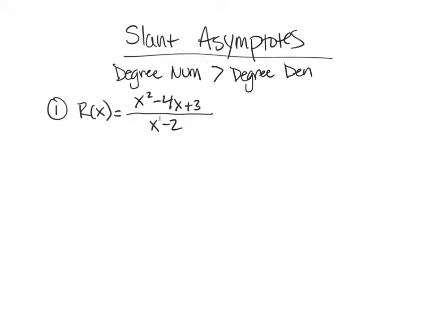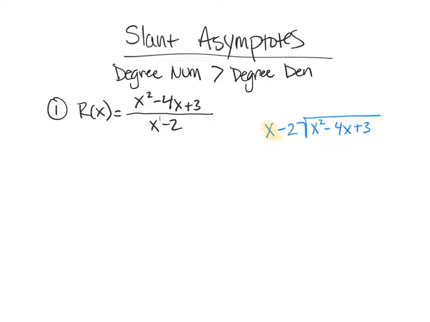Off to the side, we're going to take x squared minus 4x plus 3 and divide that by x minus 2. I'm looking at this x and asking myself, how does it go into this next piece?